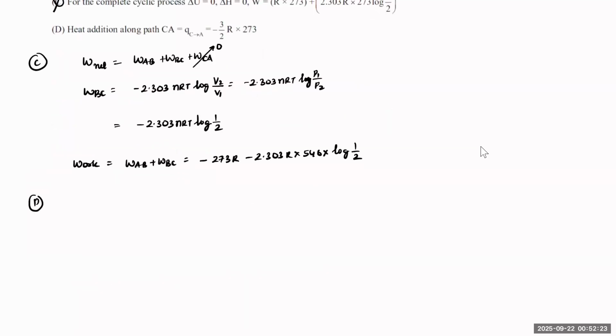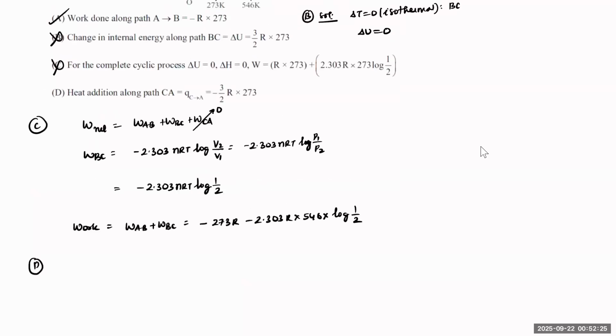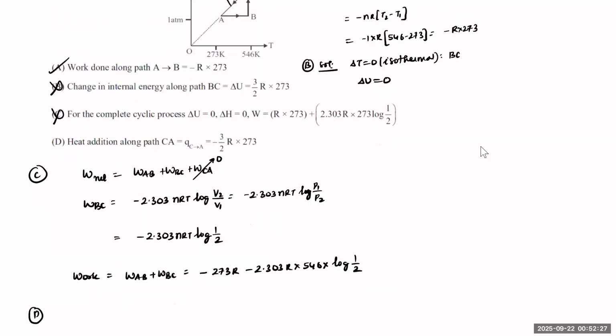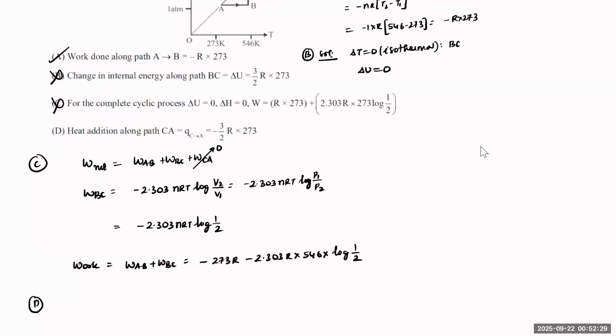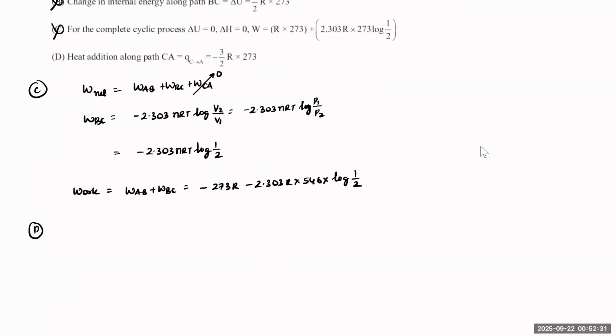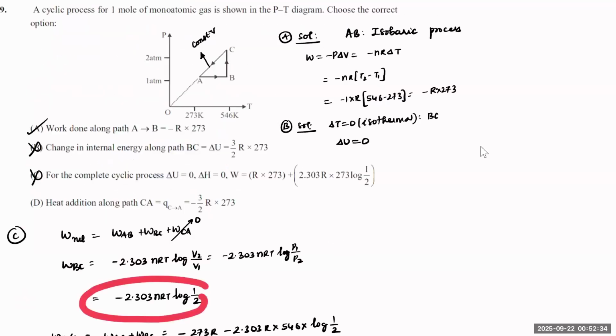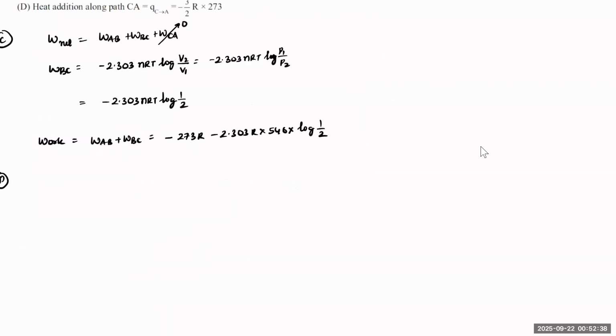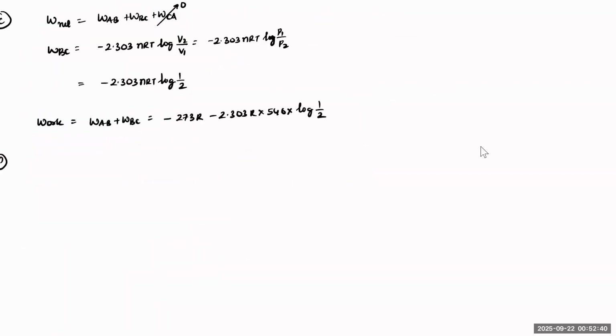Next, D. Heat addition along path CA. CA, how much amount of heat has been added? See, this is the amount of heat across CA. We will have to check because work done is 0 here. W of CA is 0.